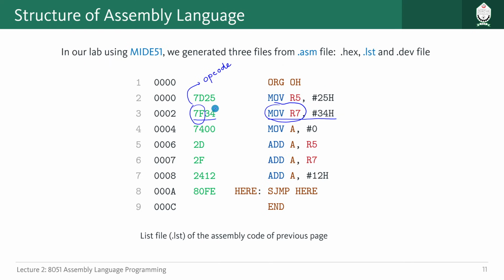And this 34 is coming because of this 34 value. We are saying that the value 34 should be saved onto register R7. So that is the idea, right?